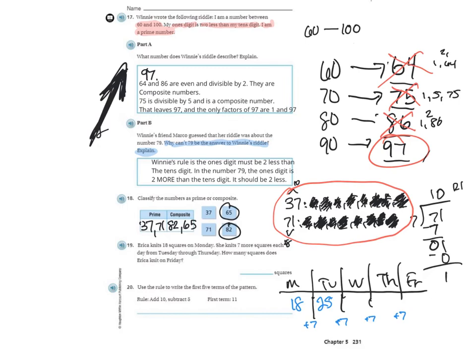And then 25 plus 7 gets me 32, correct? 32 plus 7 is 39. And then 39 plus 7 gets me 46. So by Friday, she has knitted 46 squares.